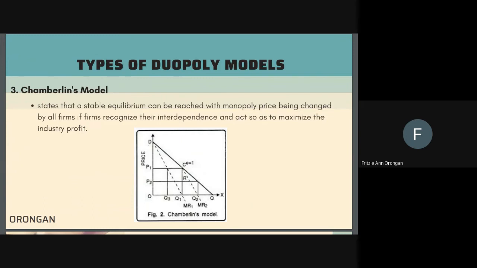The industry output is OQ1 and the price rises to the level OP1. This is an ideal situation from the point of view of both firms A and B. In this case, the joint output of the two firms is the monopoly output and they charge the monopoly price.